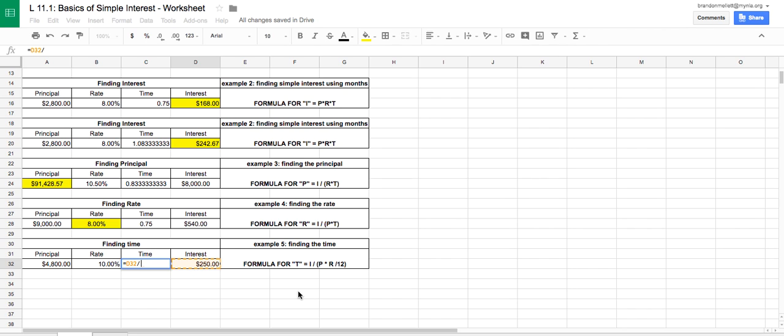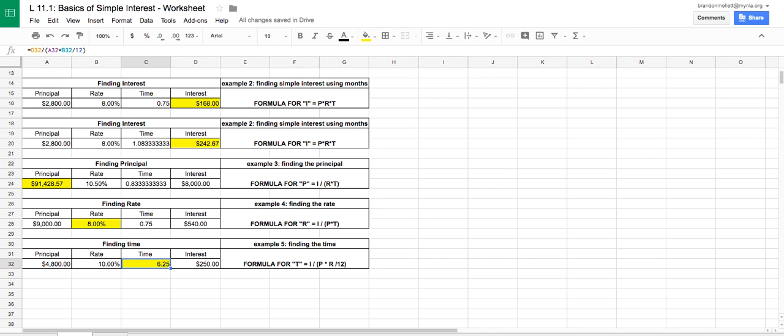Click on the interest divided by parentheses P times R. And then we're going to divide this out by 12, or 12 months. So we're just going to simply go divided by 12, and we're entering that piece in ourselves. Parentheses, enter.